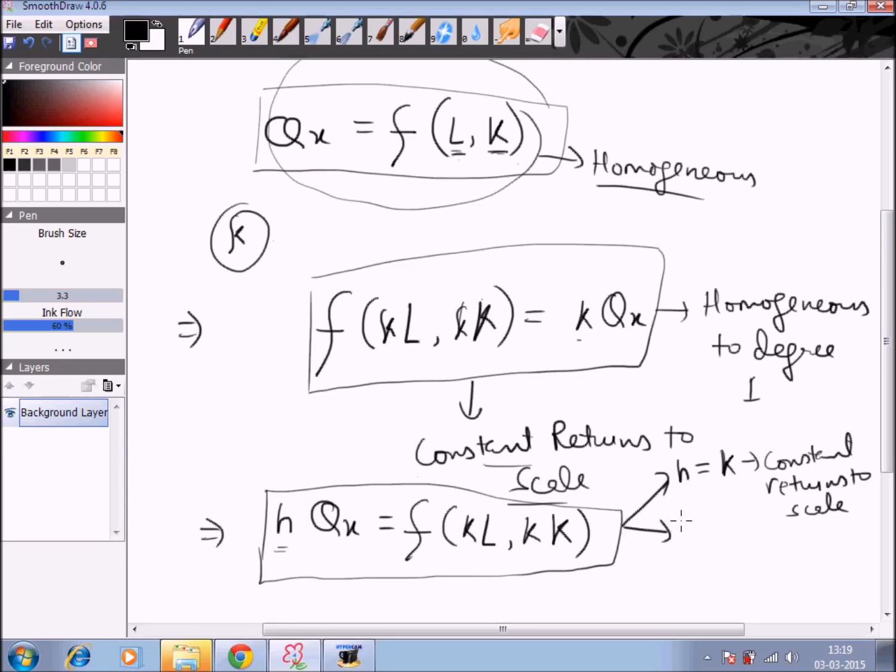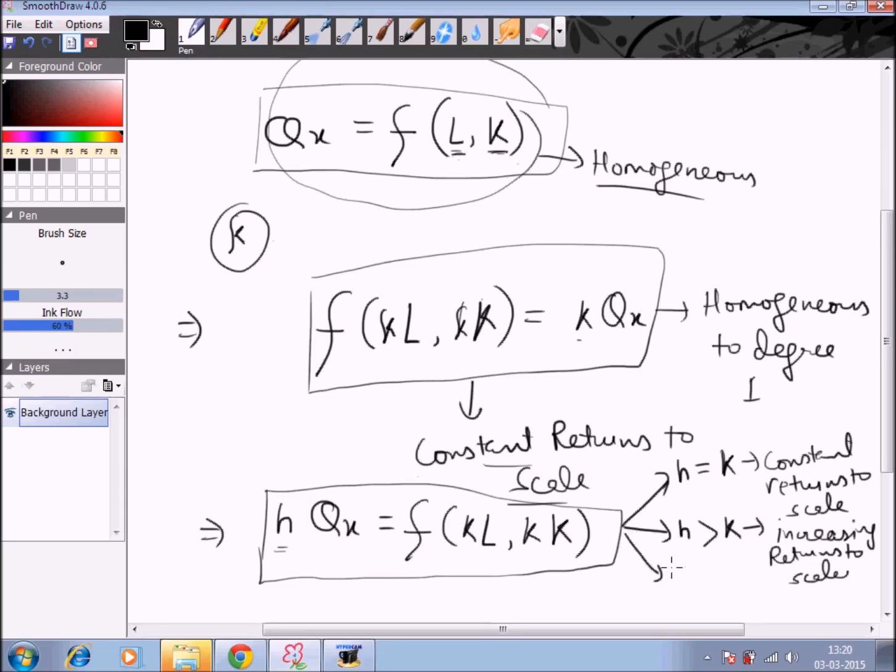Next, if small h is greater than small k, then this represents increasing returns to scale, which means that my output increases more than the increase in the inputs.